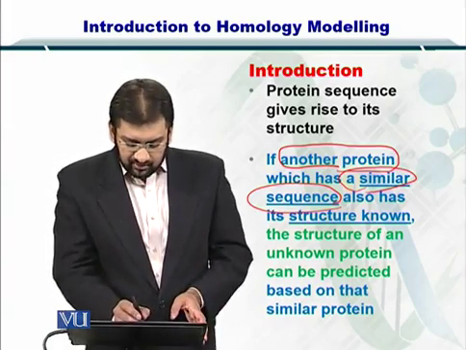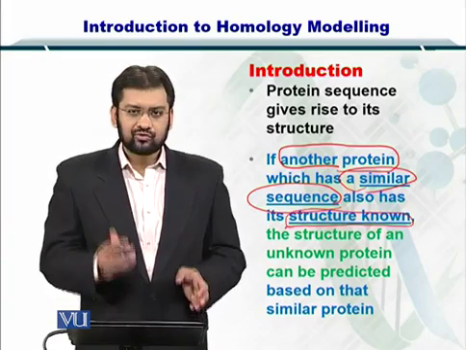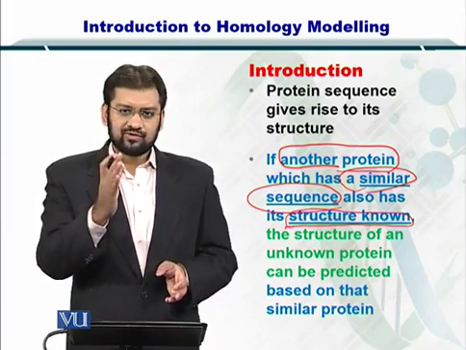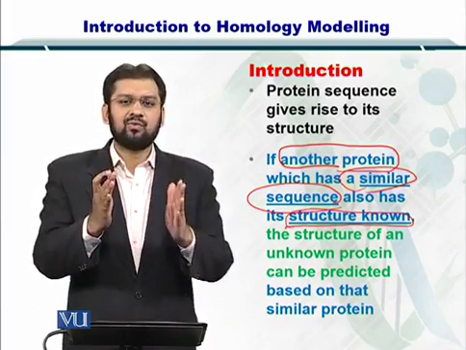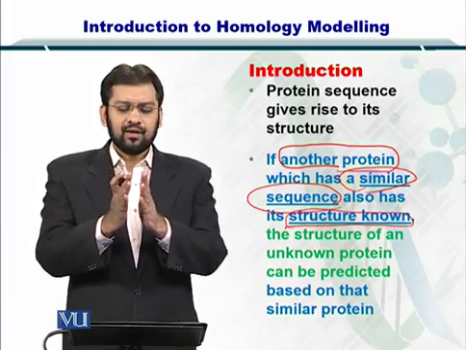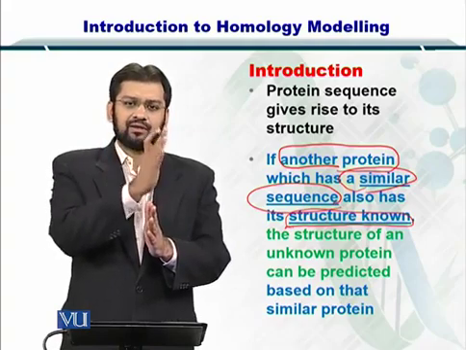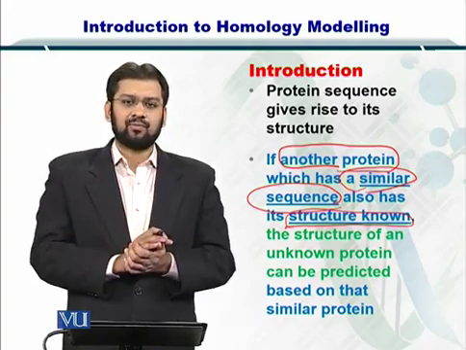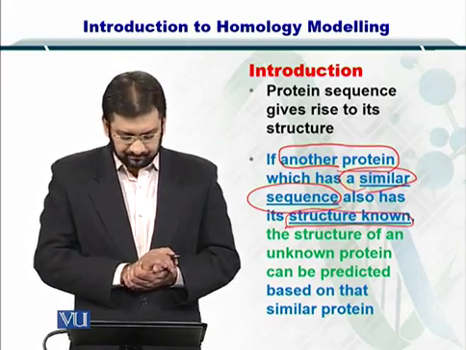So if another protein has a similar sequence and its structure is known, this is very important. For one protein, the sequence is known and the structure is known. For the other protein, only the sequence is known. By comparing the sequence, you can also predict the structural conformation of the other protein as well.